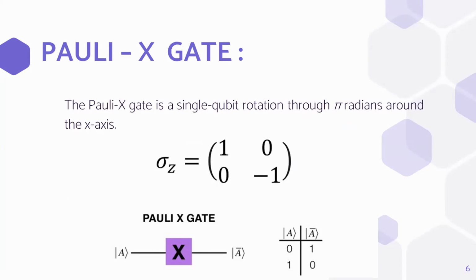So in the Pauli X gate, if we initialize our circuit as ket 0 and apply the Pauli X gate, you will see here in the truth table that we'll get 1. And if we have ket 1 as the input and we apply the Pauli X gate, we'll get 0 as our output.